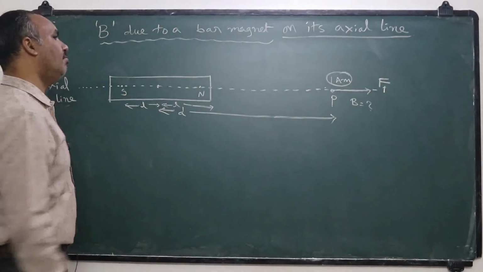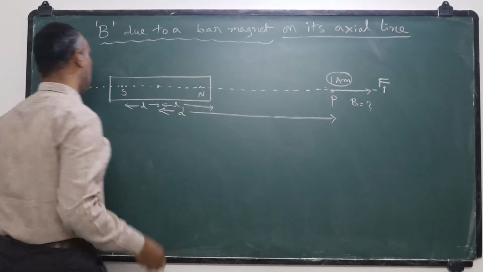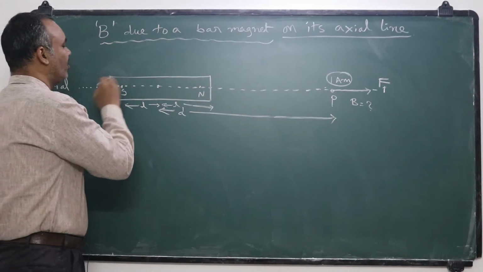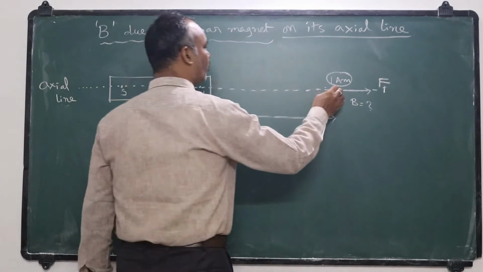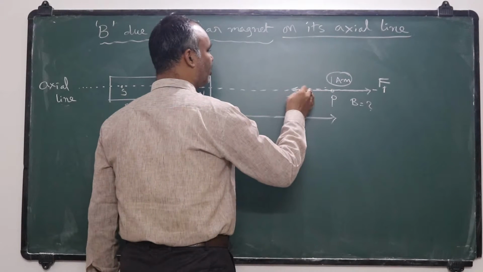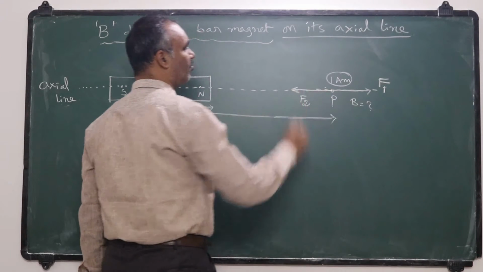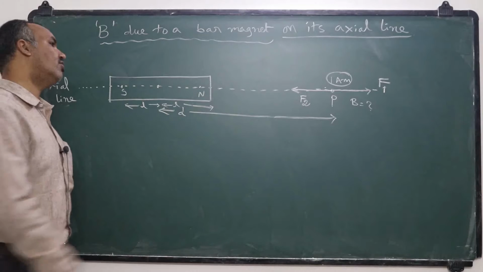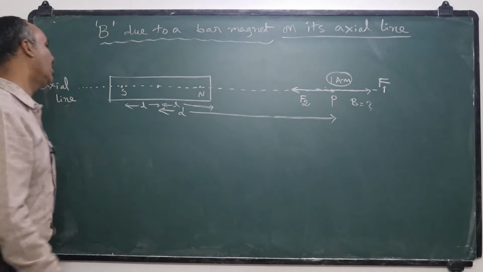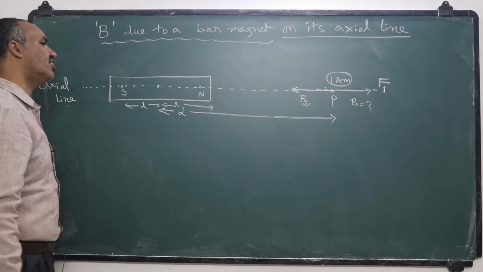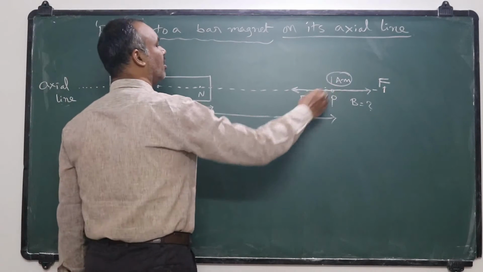The same unit north pole is attracted by the south pole, so it experiences an attractive force in this direction, let it be F2. F1 is the repulsive force between the north pole and the unit north pole you considered. F2 is the attraction between the south pole and the unit north pole.